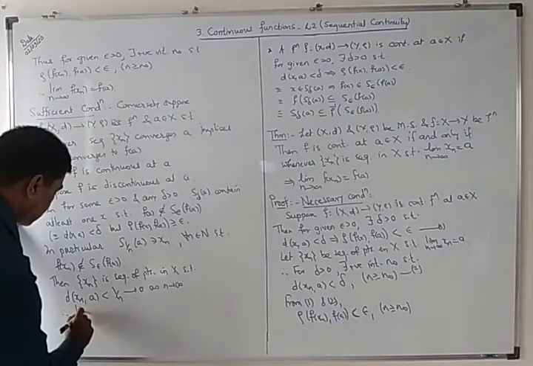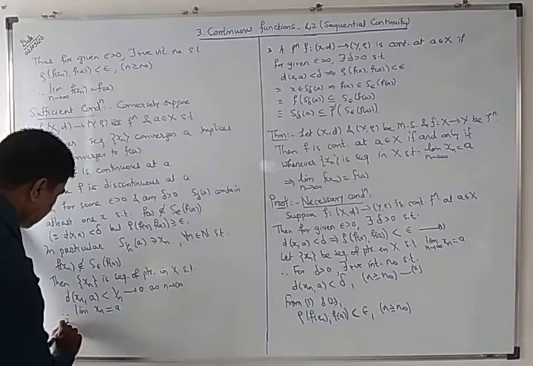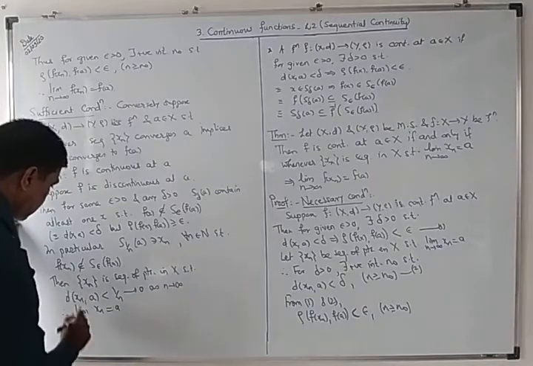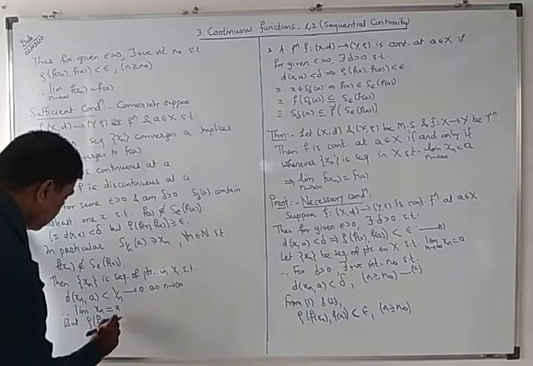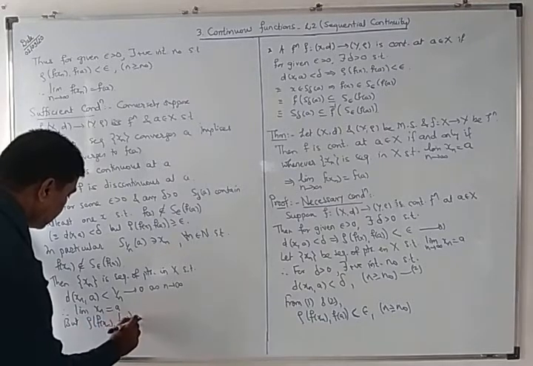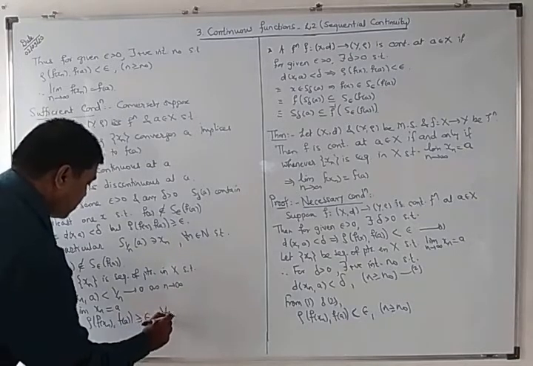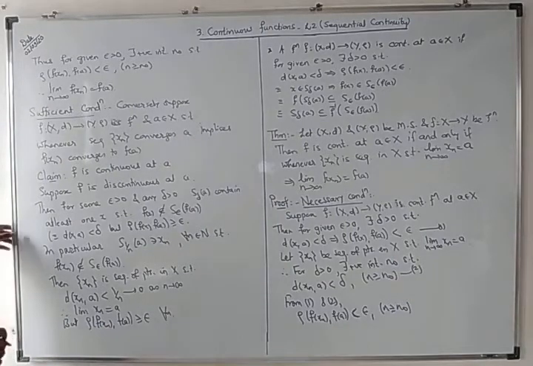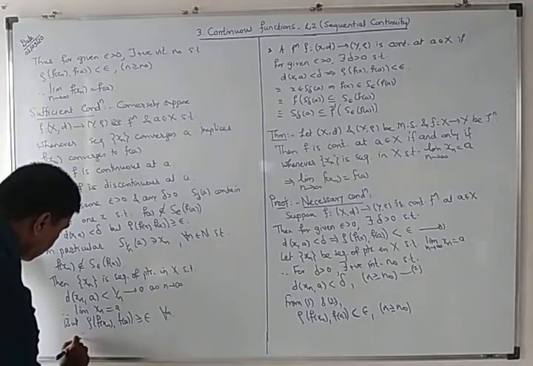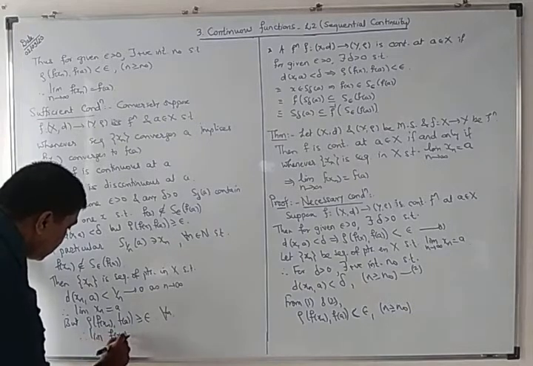Therefore, limit of x_n is equal to a. But rho of f(x_n), f(a) is greater than or equal to epsilon for all n, and therefore limit of f(x_n) is not equal to f(a).